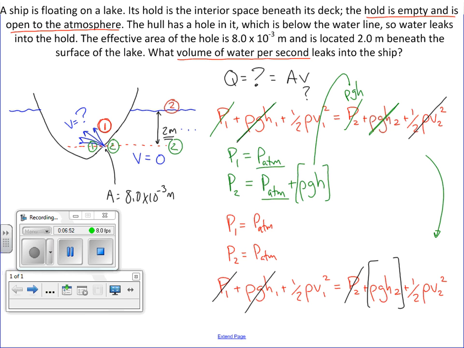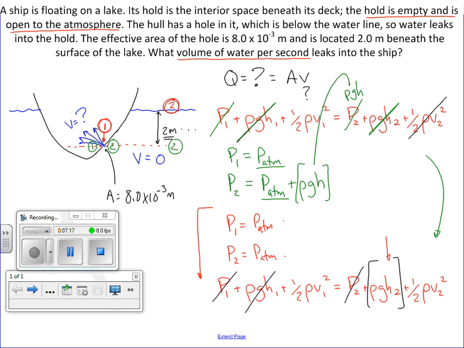Okay, so I'm going to press forward with the solution in red, where we're saying that location 1 is in the boat, right here, and location 2 is at the surface of the water. Both pressures are the same, but height 2 is 2 meters above height 0.